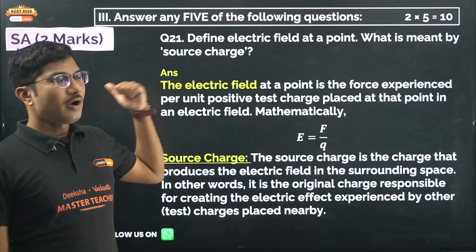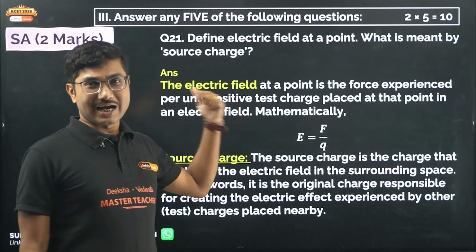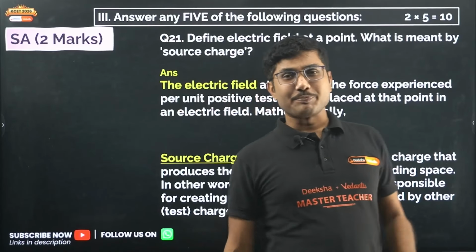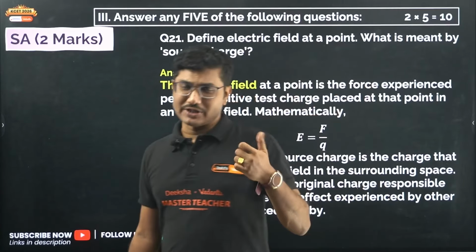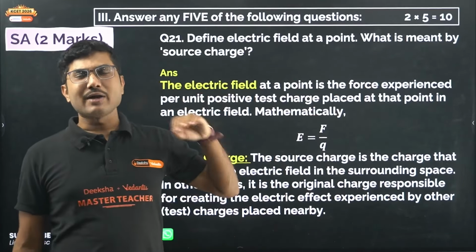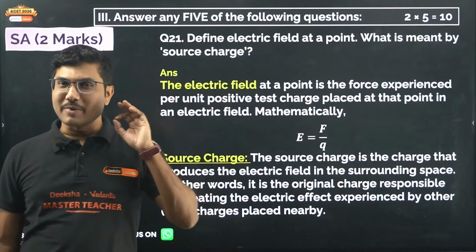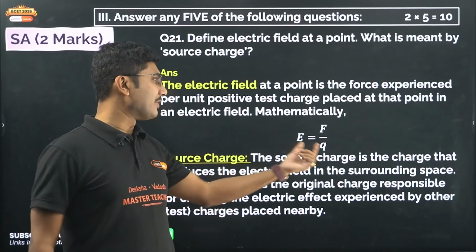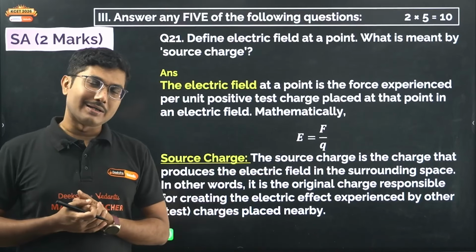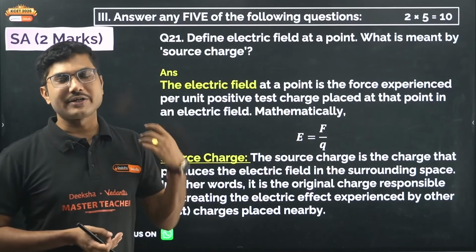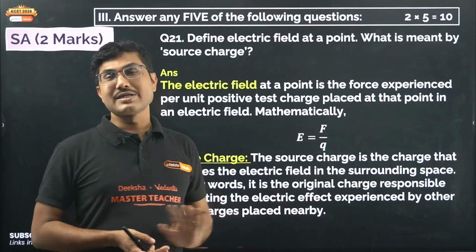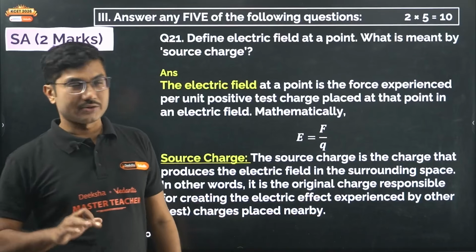If you place a charge in an external electric field in some region of space, and you divide the force experienced by that charge by the magnitude of the charge, you get the electric field at that point. So electric field is the measurement of force per unit charge.